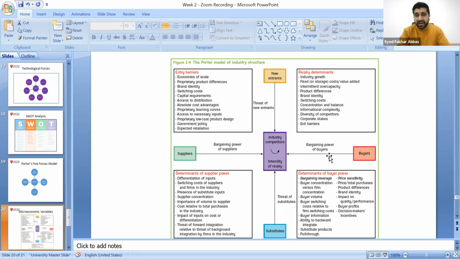Then the buying power of buyers. Every company is trying to reduce the buying power of their buyers, because they want to get maximum profit in that industry.